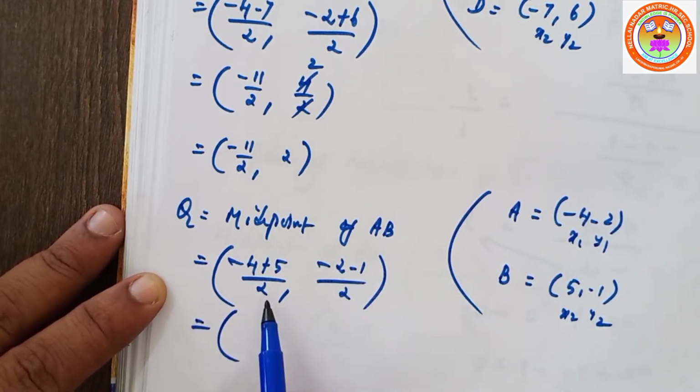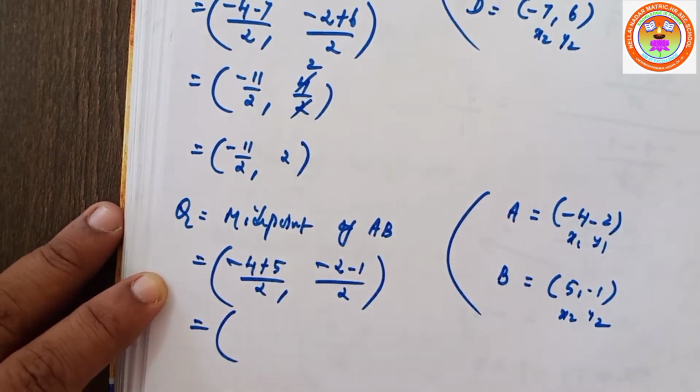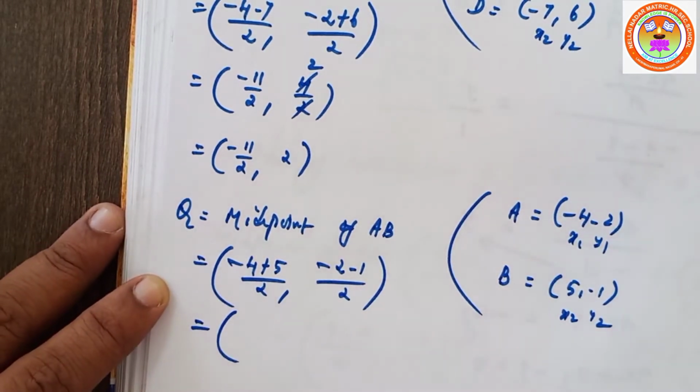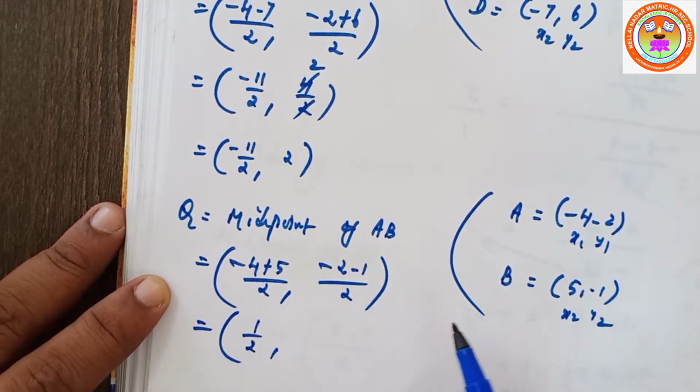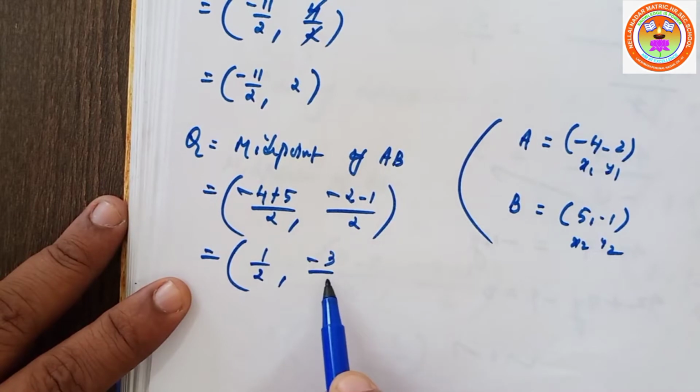So -4 plus 5 is 1 by 2 comma -2 -1, that is -3 by 2.